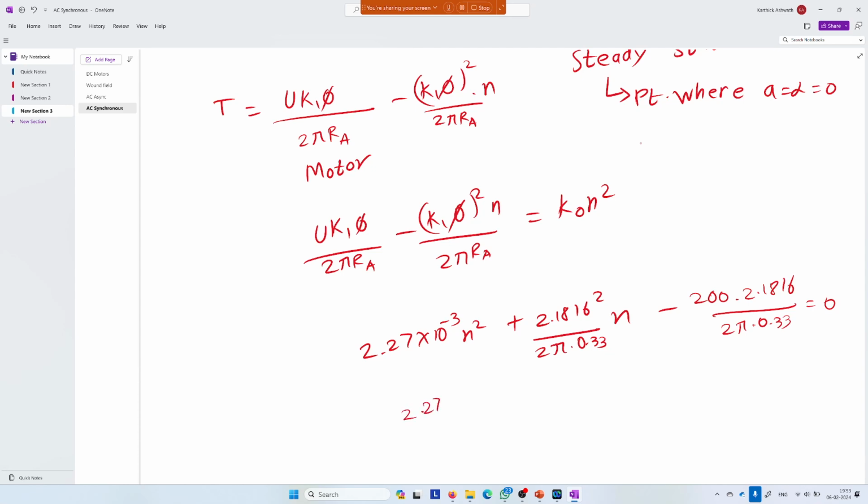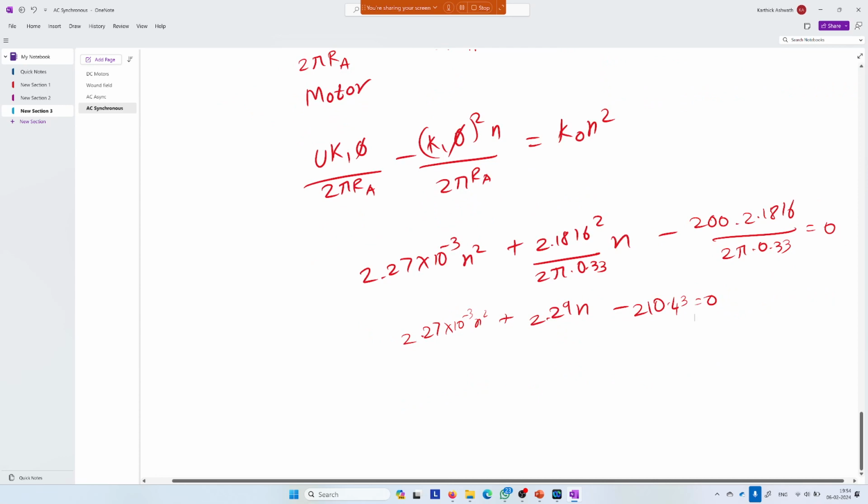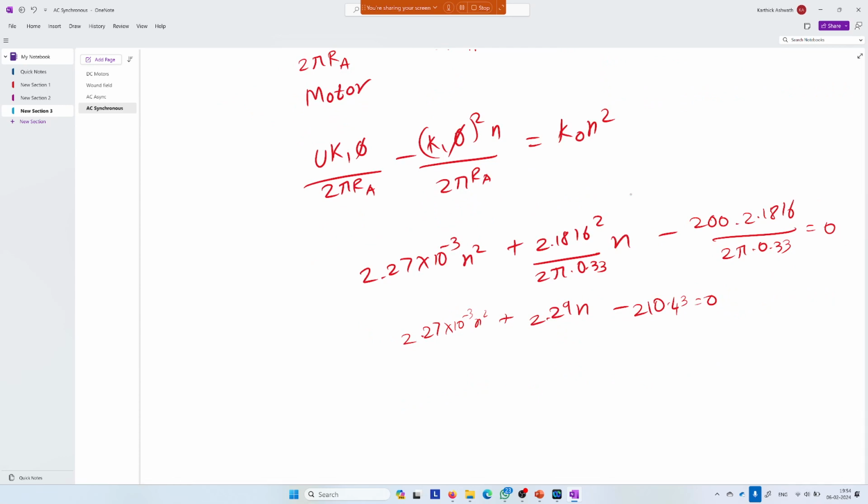So 2.27 into 10 power minus 3 n square plus 2.29 n minus 210.43 equal to 0. If you solve this, you should have two solutions. One of which is 84.768 1 by second. I cannot recall what the other solution was.